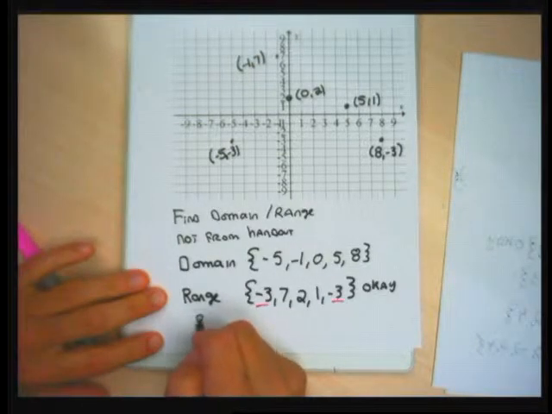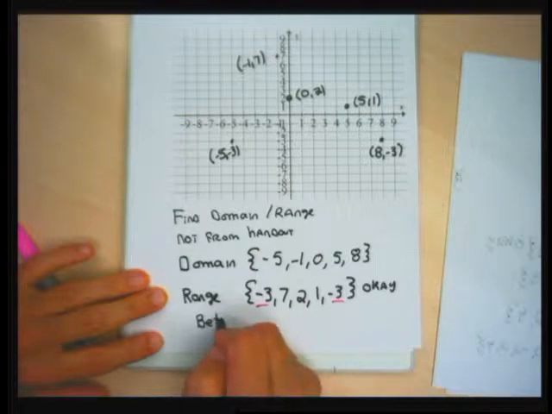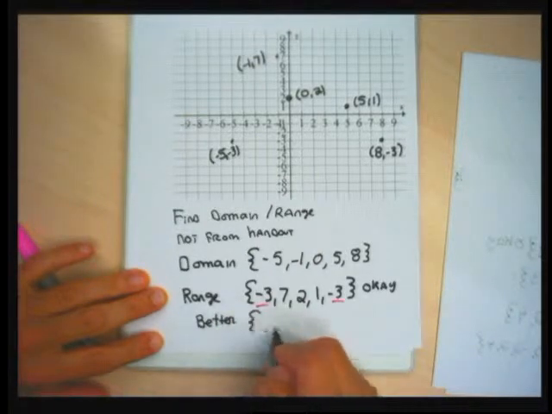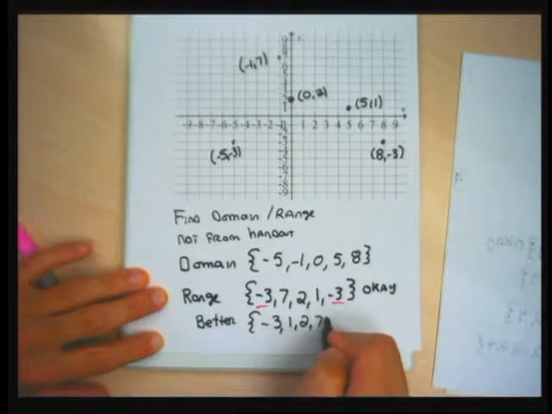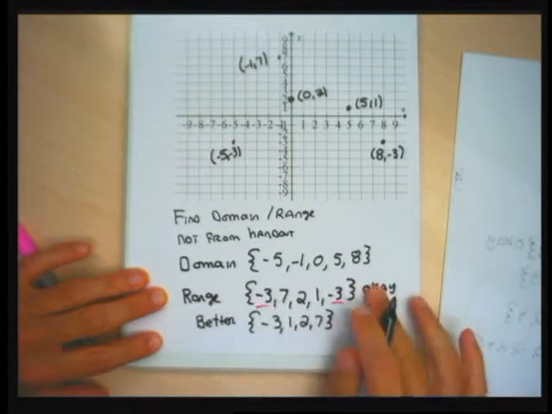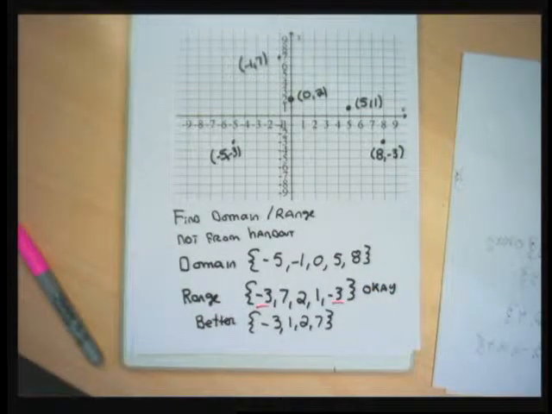A better answer for the range would be writing -3, 1, 2, and 7. But as long as you have the y values from all the points, it's not a deal breaker if you don't have a nice order or if you write a number more than once. So there's a lot of forgiveness here.